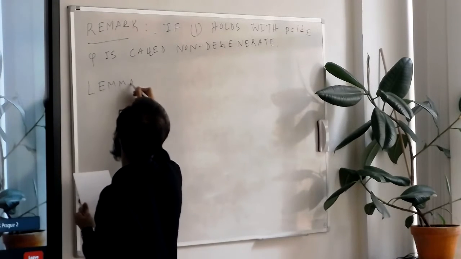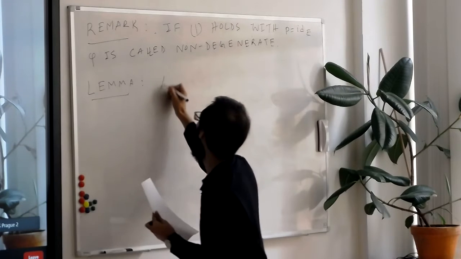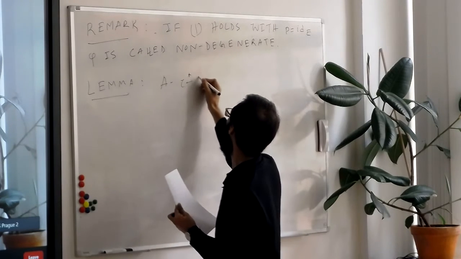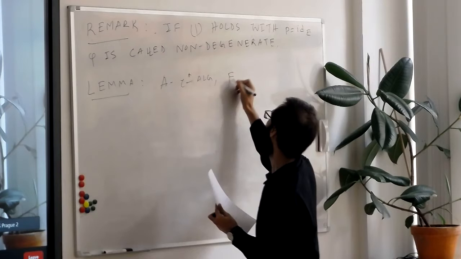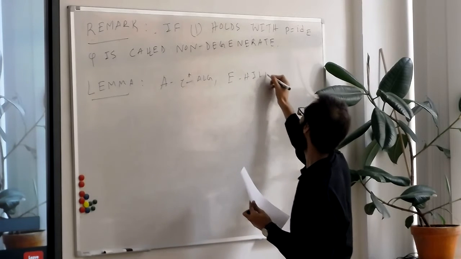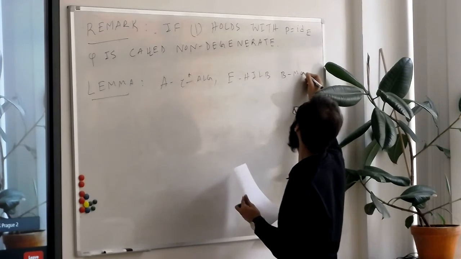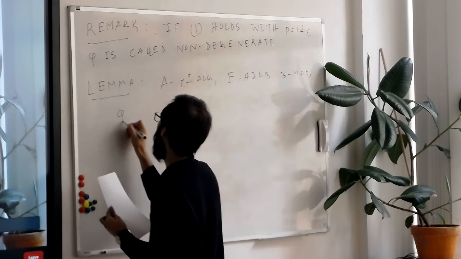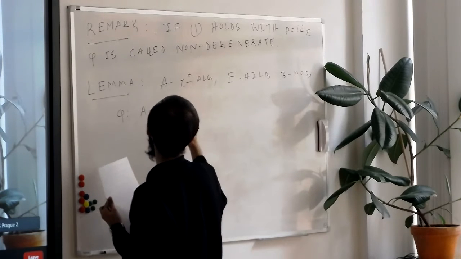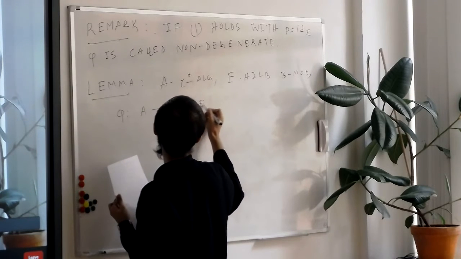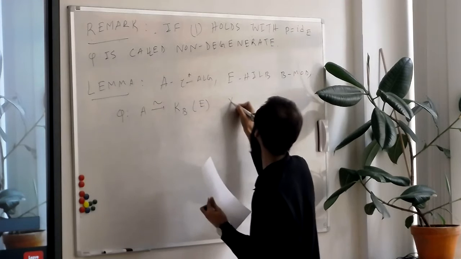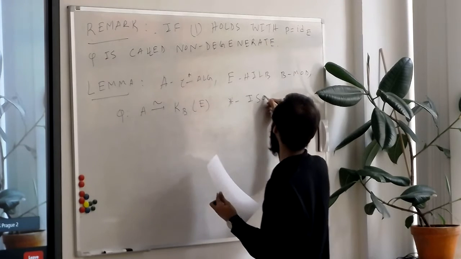Another lemma. Suppose phi is now a star isomorphism.